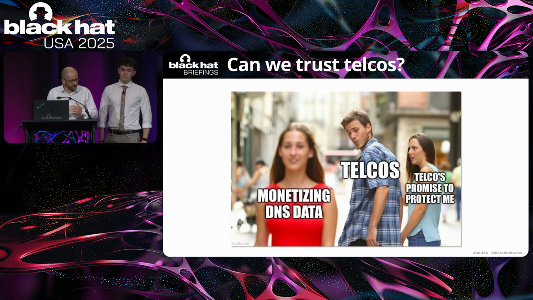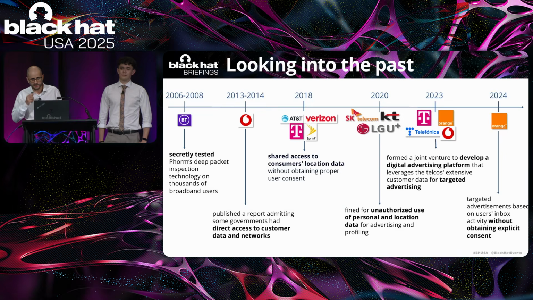Now, if we agree that we are handing over all this data to telcos, can we trust them not to misuse our data and use it for other purposes? Well, we need to look into the past. We have seen in several cases, unfortunately, that telcos have handed over our data to governments, to other entities, and also performed targeted advertisement without explicit user consent.